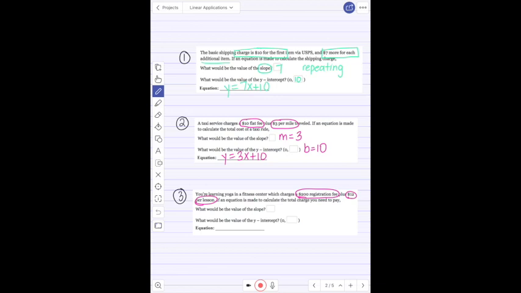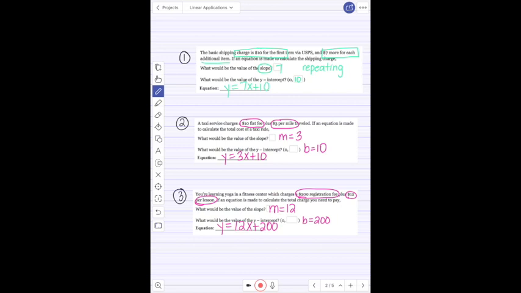So your registration fee is going to be your y-intercept. That's your one-time upfront fee. That's your initial amount. And then the $12 per session is going to be your slope. That's the repeating amount. Every session, you're going to pay $12 more. That's your slope. So my equation here is y equals 12x plus 200.